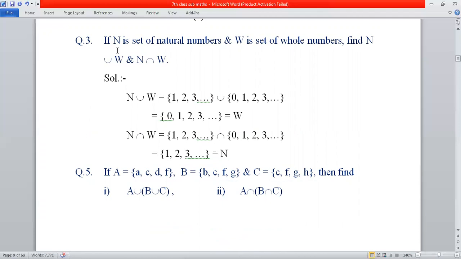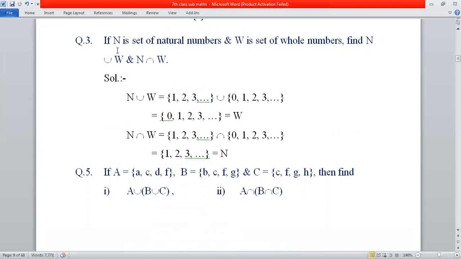Only one difference: whole numbers start from 0, 1, 2, 3, all the positive numbers, and natural numbers start from 1, 2, 3. So you can say that the natural numbers are a subset of the whole numbers. All the natural numbers are present in the whole numbers.